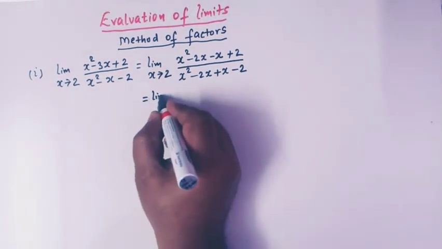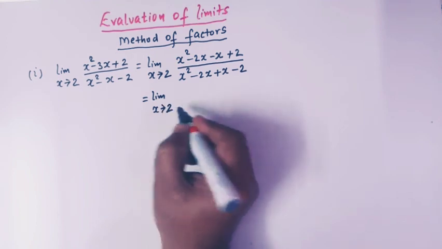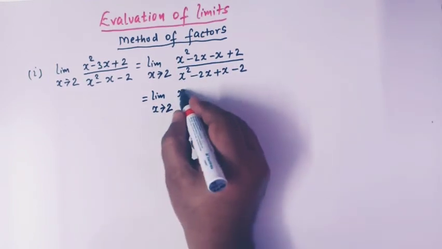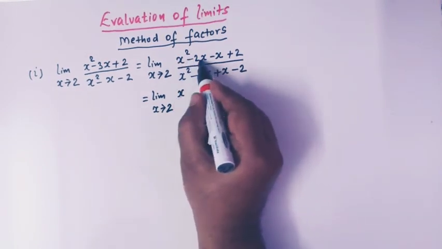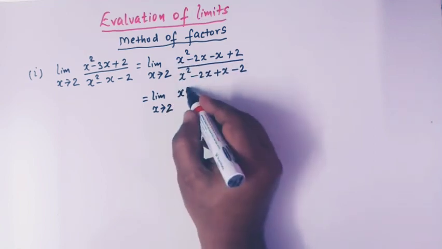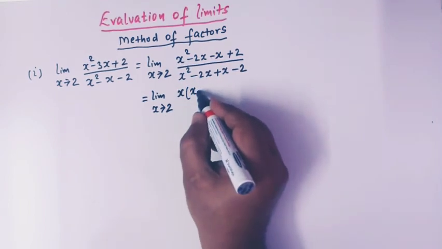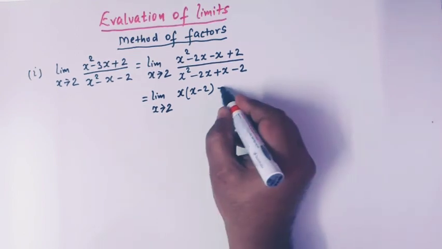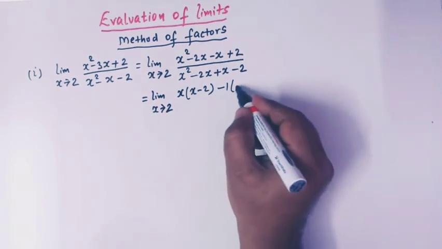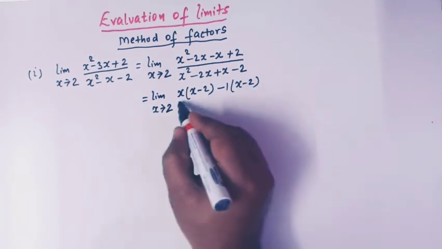Now we can simplify the numerator and the denominator, and if we take common x from these two terms, we have x minus 2, and here we have minus 1 and x minus 2.